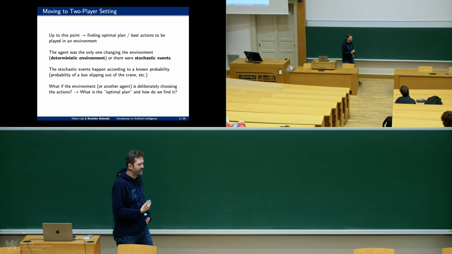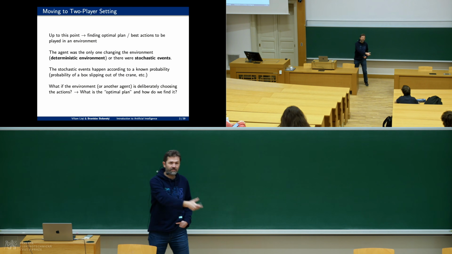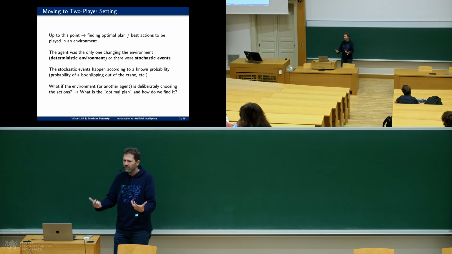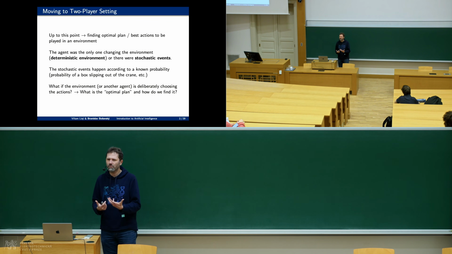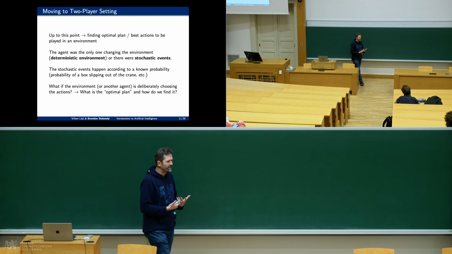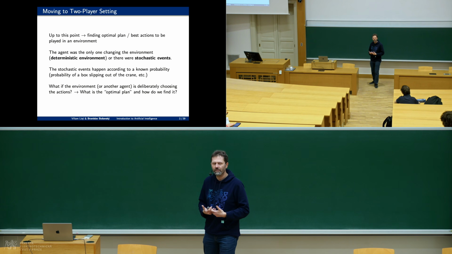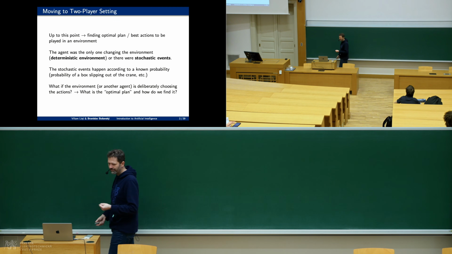Assume that we are playing chess, right? You are playing chess with some opponent, and the opponent is trying to win the game for themselves, right? So it's not true that you would know that the opponent always plays this move in this particular situation, because they are trying to find the best move so that they can win, right?